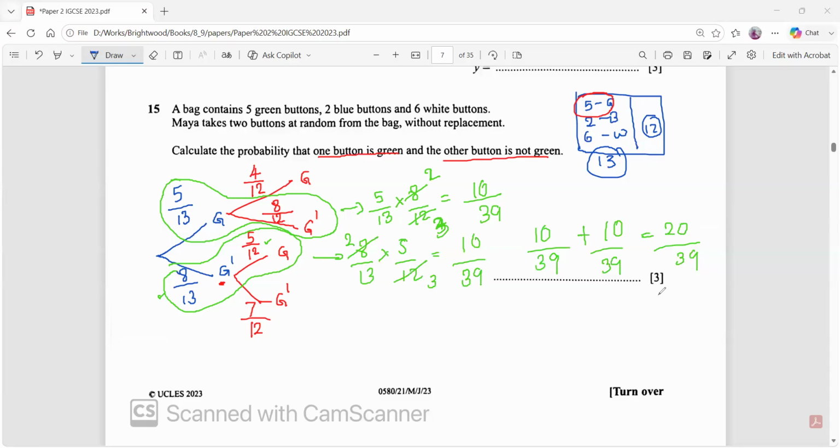Here for probability, it's better to draw a tree diagram. I will give another question for you. Write down that.